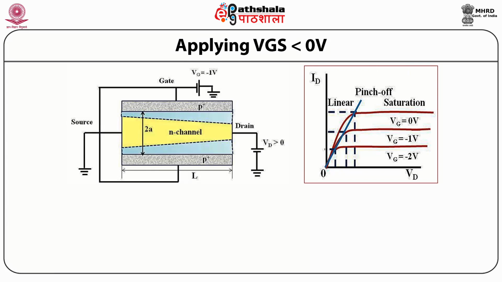Now let us discuss the case when there is a negative voltage applied, that is VGS is less than 0. So this figure shows the family of the curves when there is a finite VGS voltage applied, that is, it is varying from VGS equal to 0 volt, minus 1 volt, minus 2 volts and so on.